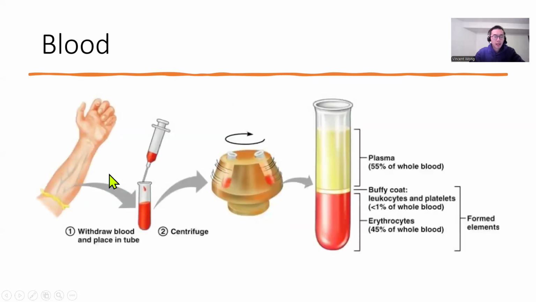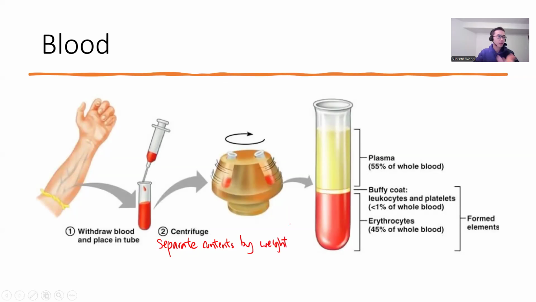When you take blood from a person, you can actually separate the blood using what's called a centrifuge. A centrifuge is basically a machine that spins contents at really, really high speed, and it will separate contents by weight.